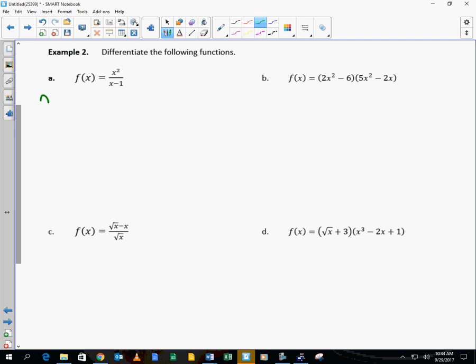So therefore, f prime of x is, the rule says we take the derivative of the top, 2x, close, times the bottom left alone, minus the derivative of the bottom, which is 1, times the top left alone. All divided by the bottom squared.